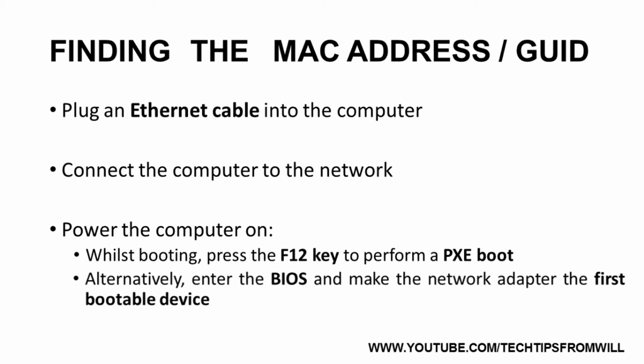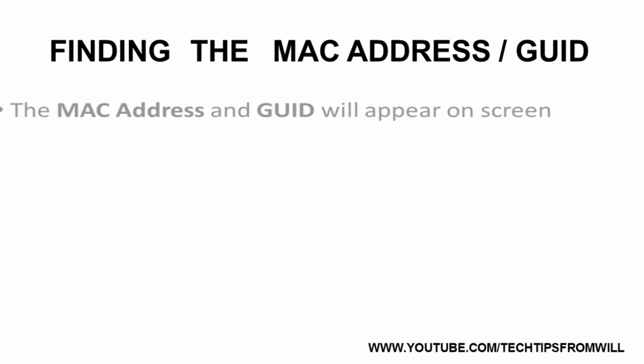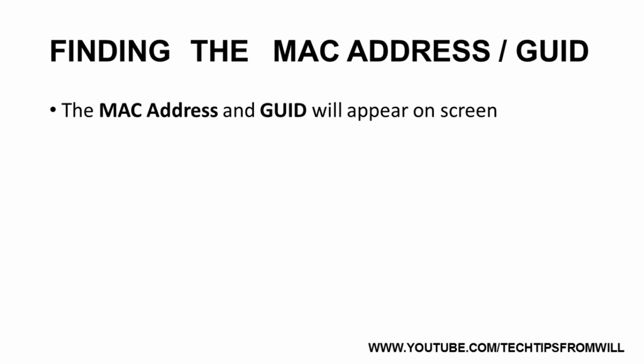Alternatively, you could also go into the BIOS of the client computer and modify the boot order so that the network adapter is the first bootable device. Assuming the network adapter is PXE compatible, the MAC address and GUID of the network adapter will appear on screen.